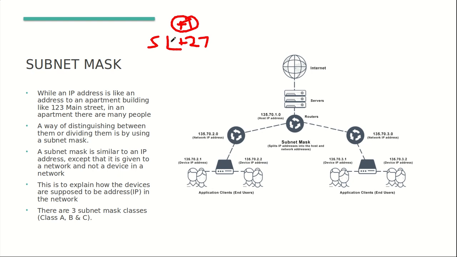You do not just get any address. This is described by the subnet. A subnet mask is quite similar to an IP address, however, it's for the entire network.